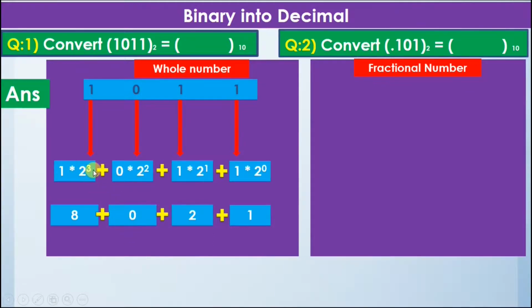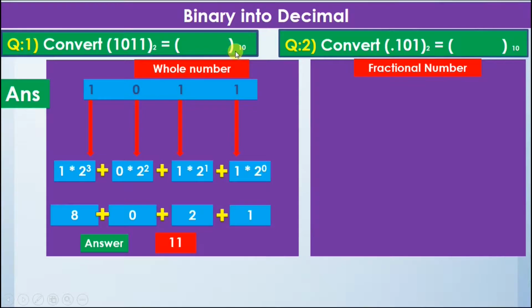Next 2 raised to power 3 is equal to 8, and 8 into 1 is equal to 8. Now we add them all together. 8 plus 0 is equal to 8, 8 plus 2 is equal to 10, and 10 plus 1 is equal to 11. So the final answer is 11, and we can say that the number 1011 in binary is equal to 11 in decimal.